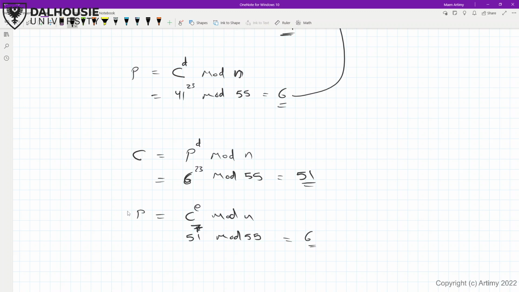So that proves to you that we can use either one of the keys for encryption and the other has to be for decryption.